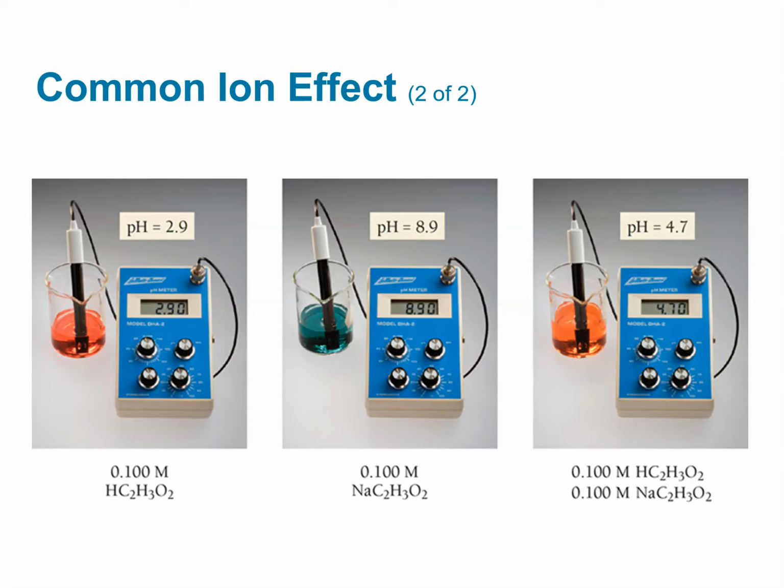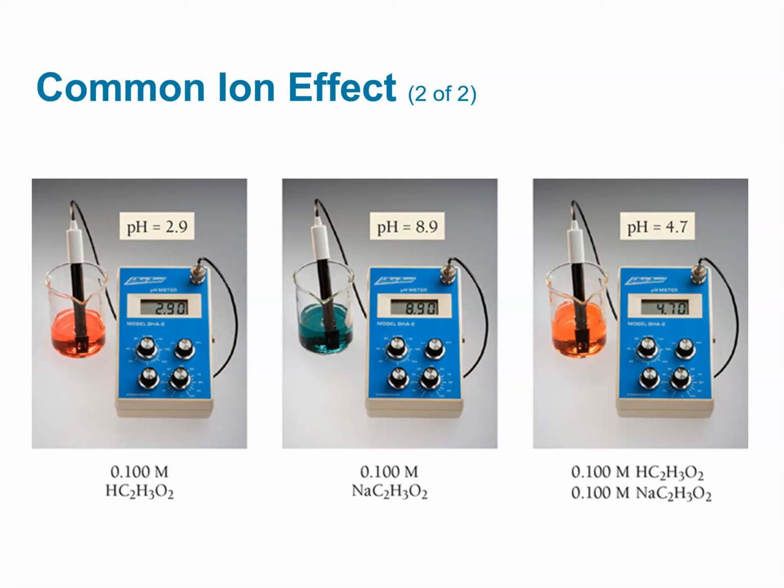So this is just an interesting example of this effect taking place, where on the far left we have a 0.100 molar solution of acetic acid. On the far right, in the middle, we have a 0.1 molar solution of sodium acetate.